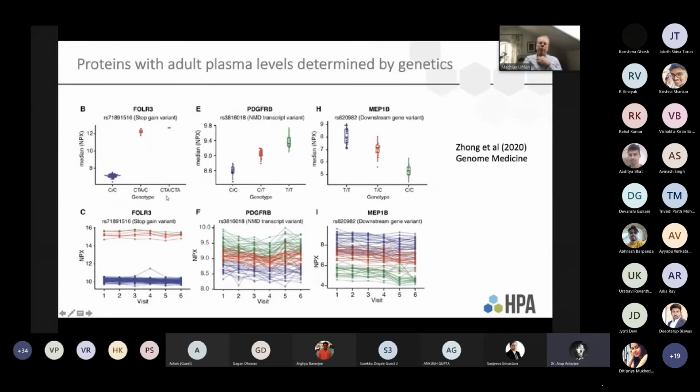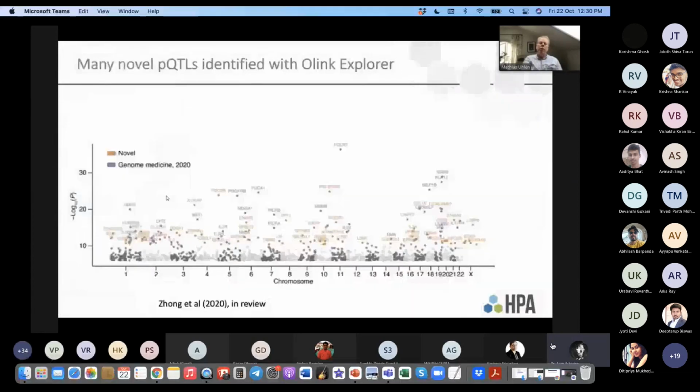You can see there is a variant in the gene where the CC variants have lower levels than the TT variants, and the heterozygote has about the same. And you can also see that very clearly here. So there are proteins where you're born with a genetic variant, and that determines your adult levels of that protein in the blood, which is, of course, very interesting.